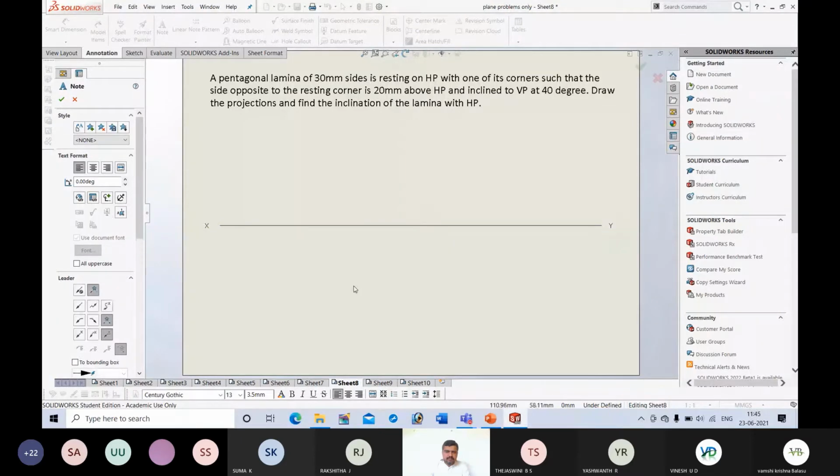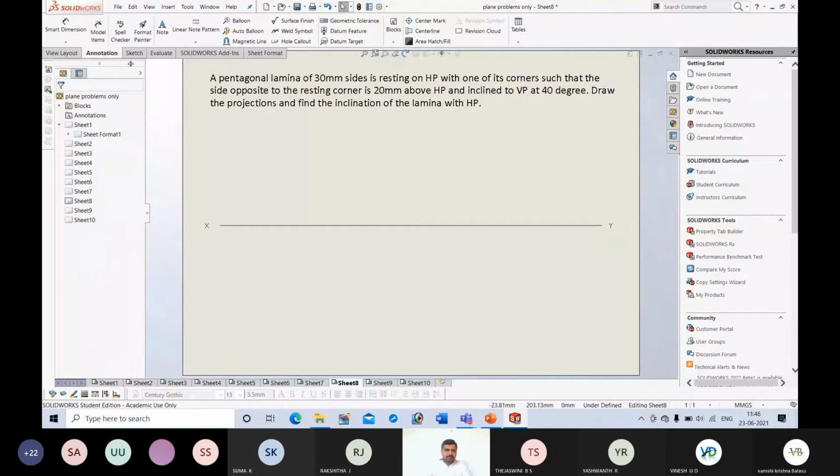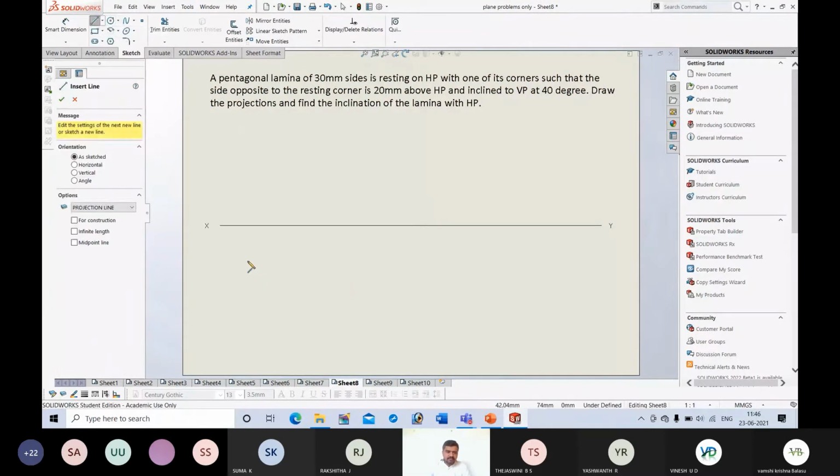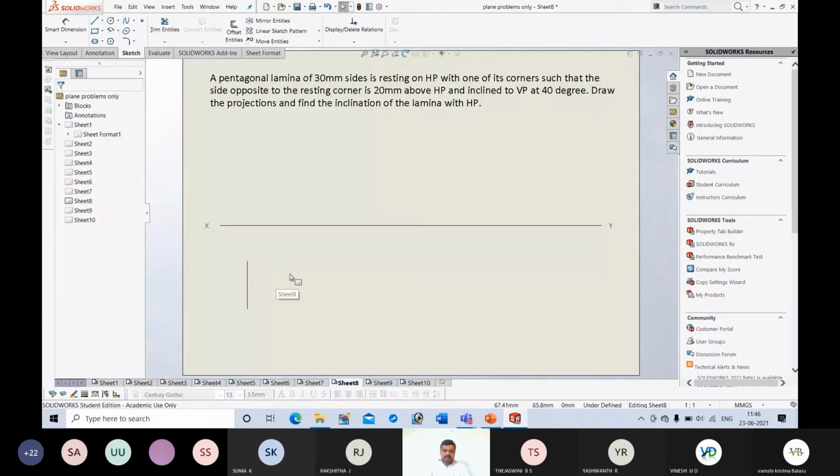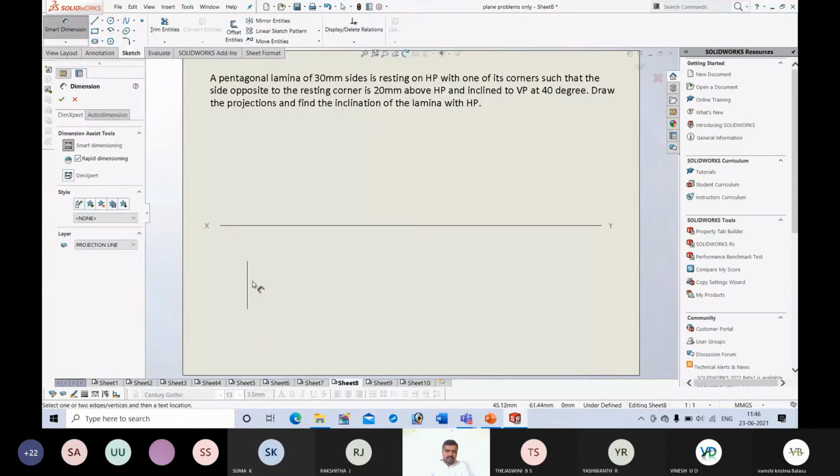Okay, next, draw the top view as I explained earlier. First, draw this vertical line towards left since it is resting on corner. If it is resting on side, you have to draw this towards right. Next, the length of the side is given as 30, so it should be 30.